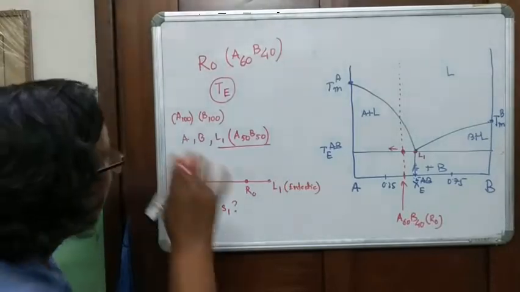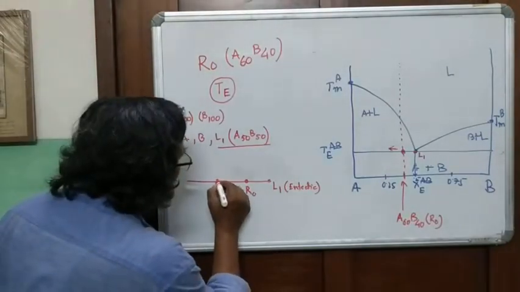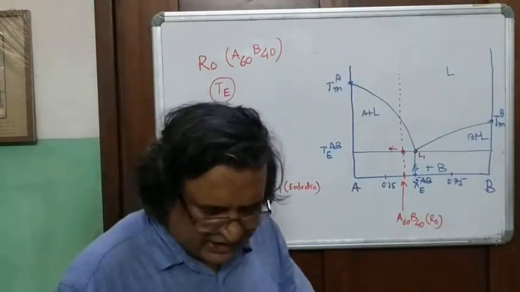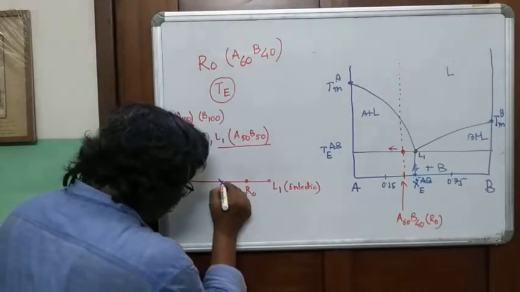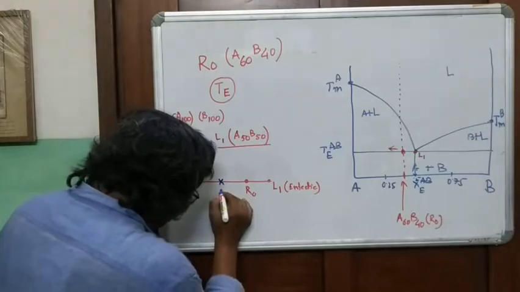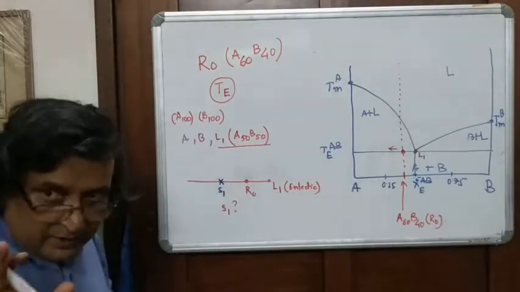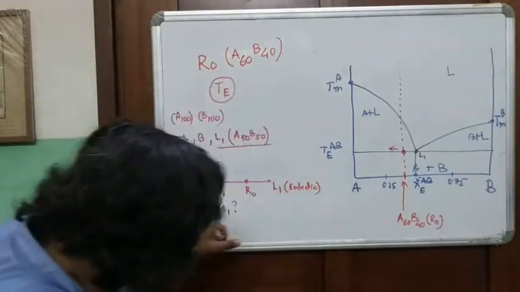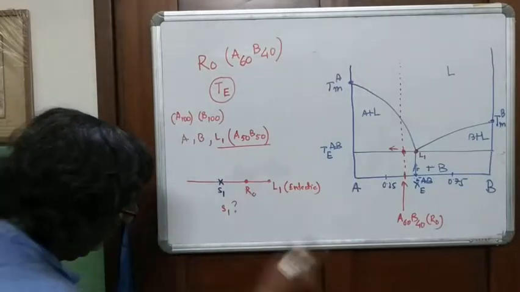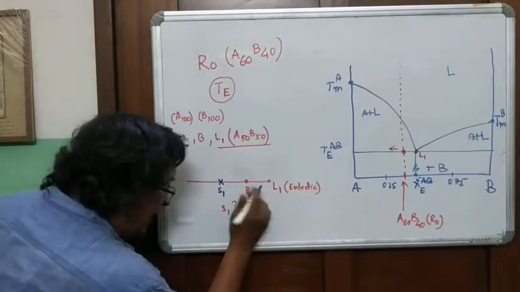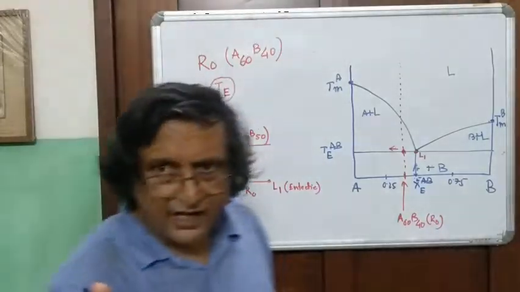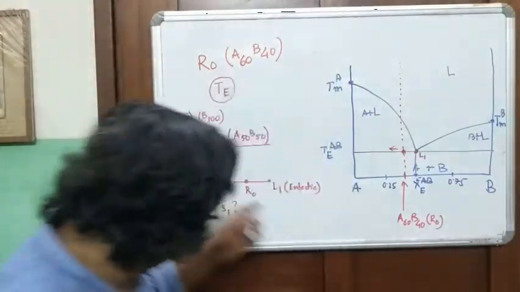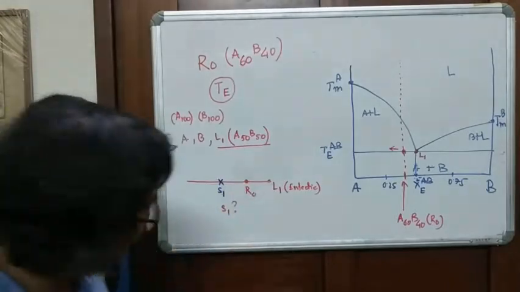Have you understood? Let's say this point is plotted. It's not right. Let's say this point is plotted. And say this point. Let's say this is my S1. I don't know it, but I'm just drawing it. See here. R0 will lie between L1 and S1. That's very logical, because the two of them will mix.